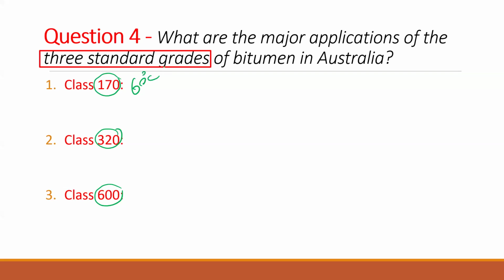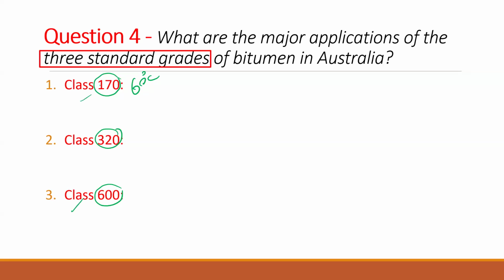What do we mean by viscosity? Viscosity is the resistance to flow. If you look at water and honey, which one is more viscous? Honey. So if you look at these numbers, 170 and 600, which one is thin, which one is thicker? 600 is thicker and 170 is thin, isn't it?